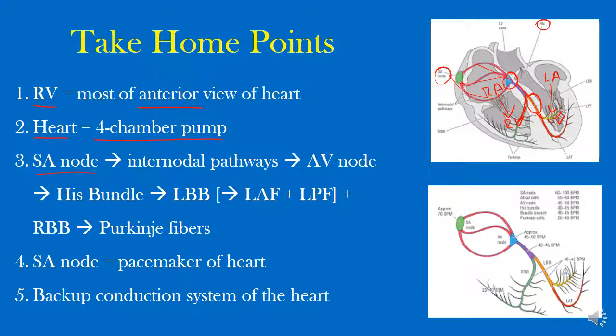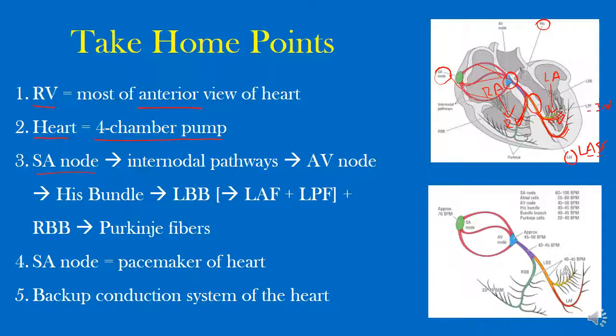This image is actually very good. As you can see, the left anterior fascicle, we mentioned what it innervates. So remember, left anterior, sometimes called superior fascicle, innervates the anterior and superior aspects of the heart, and the left posterior fascicle innervated both the posterior as well as the inferior aspects of the heart.